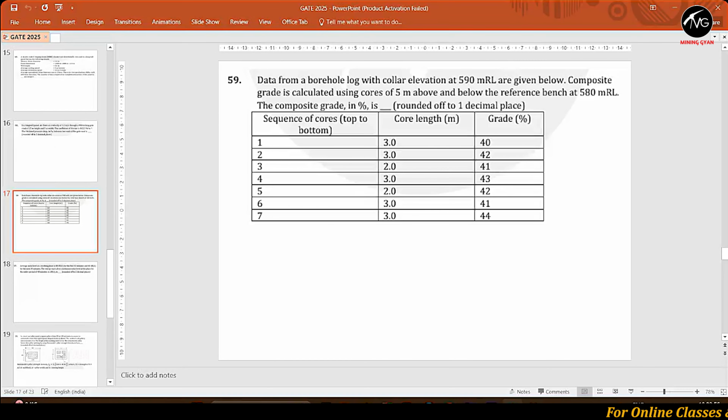So we need to find the equivalent noise level for that place for the period of about 40 minutes. This is basically a formula based question for the average noise level.